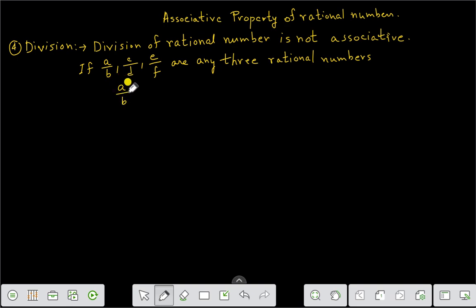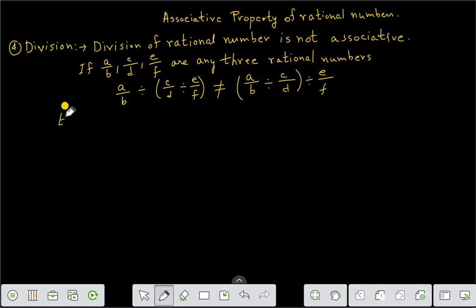Then A by B divided by C by D divided by E by F is not equal to A by B divided by C by D, divided by E by F.